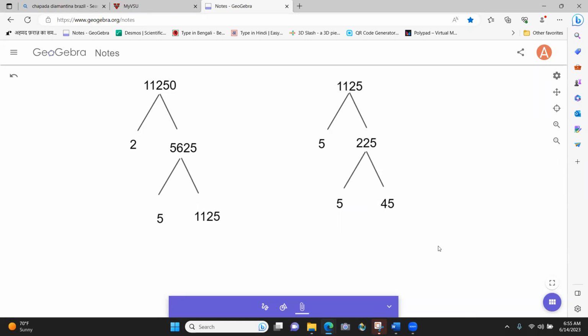I'm going to bring it to the other side. I do need the room. 5 and 9.